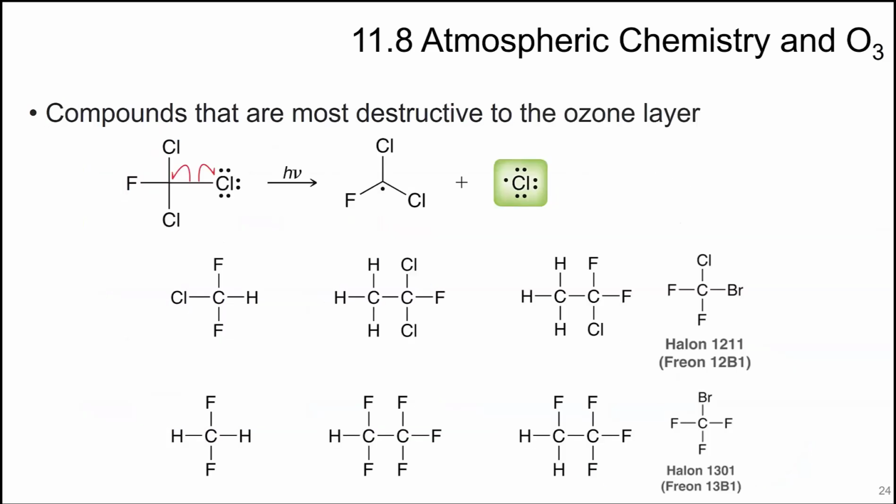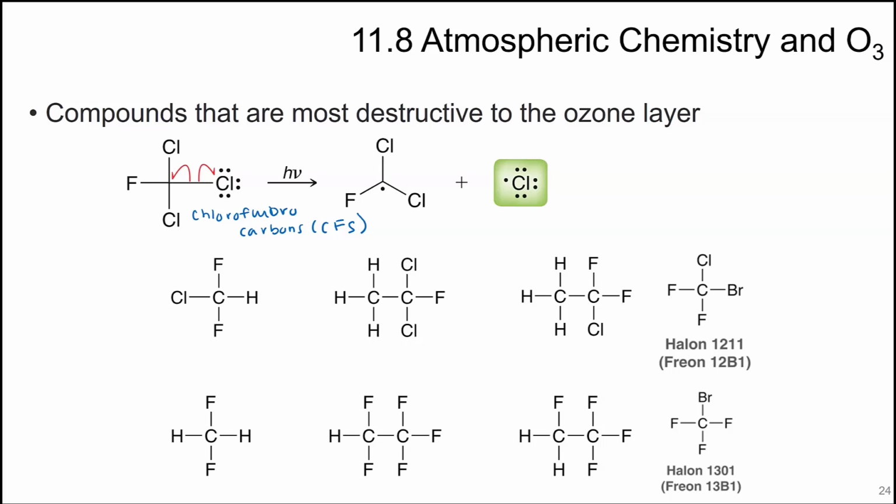So the compounds that are most destructive to the ozone layer include chlorofluorocarbons, or CFCs. So chloro, that can form a radical here and a chlorine radical. These radicals are stable enough to reach the upper atmosphere, and it forms the free radicals that interfere with the ozone recycling process.